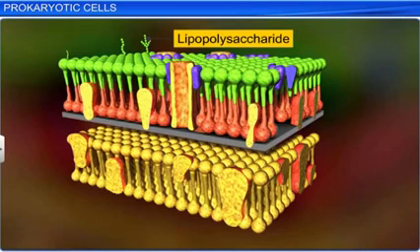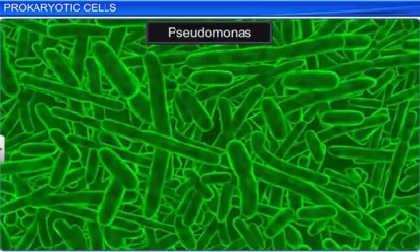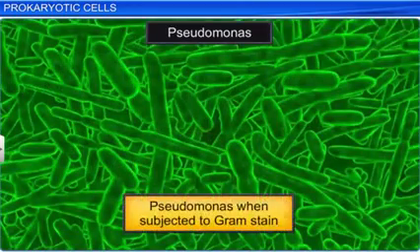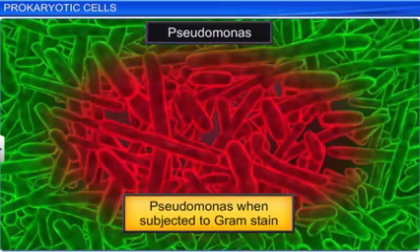When such prokaryotes are subjected to the Gram staining procedure, they do not take up the Gram stain, but appear red or pink when counterstains such as safranine are added. Hence, they are called Gram-negative bacteria.